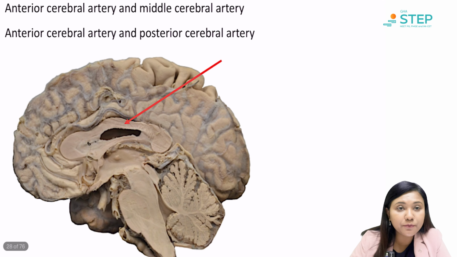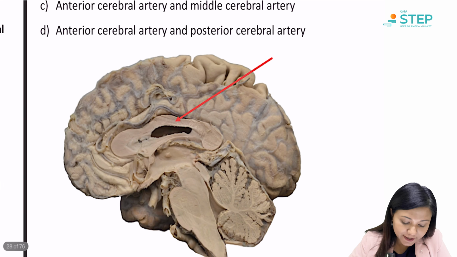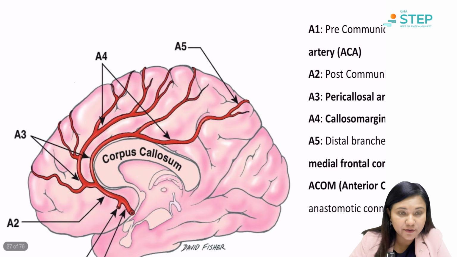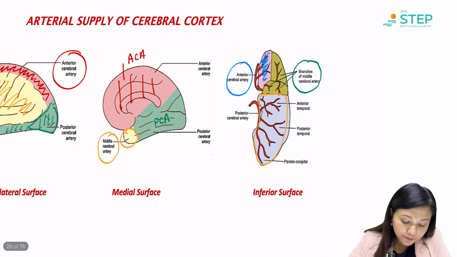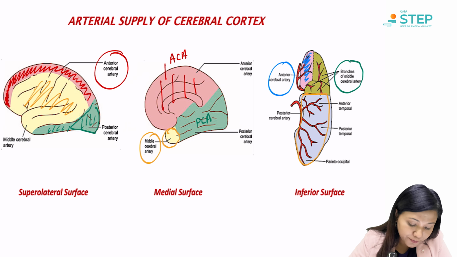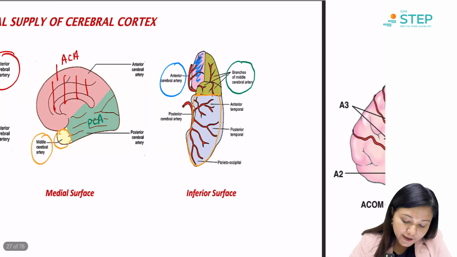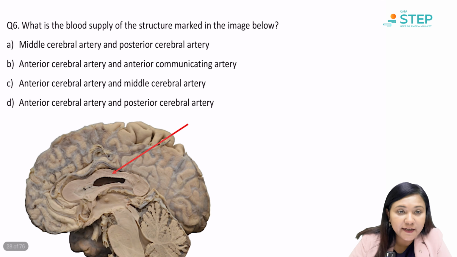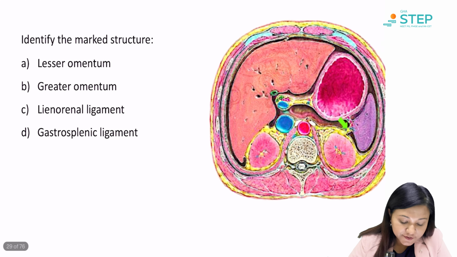The medialmost part is mostly supplied by the anterior cerebral artery, and the middle cerebral is supplying the superior lateral surface. If the question comes on the superior lateral surface, most of the arterial supply is the middle cerebral artery, and on the medial side, the arterial supply is by the anterior cerebral artery.